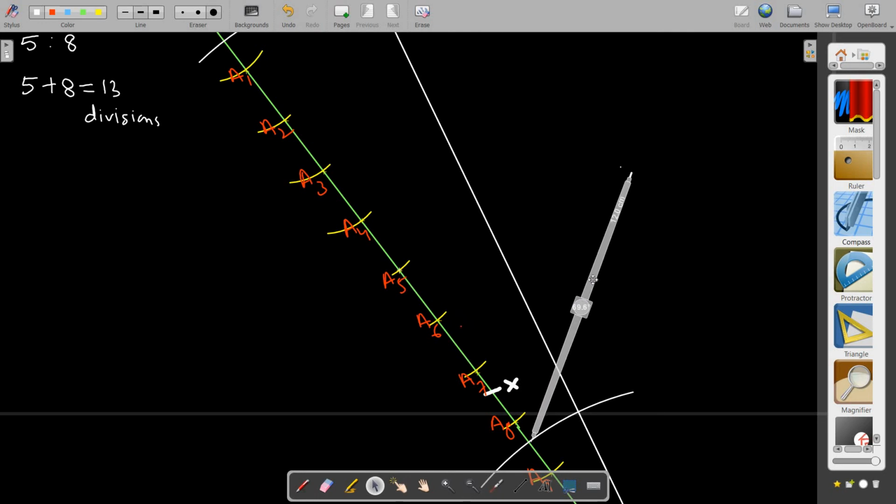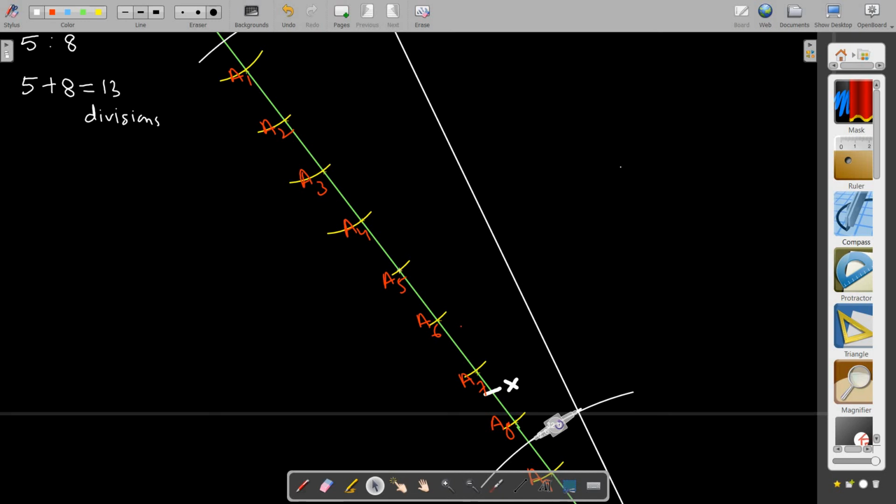And then we have to measure the distance between these two points with the compass, and this is the minimum number I see on the compass, that is 2.6.